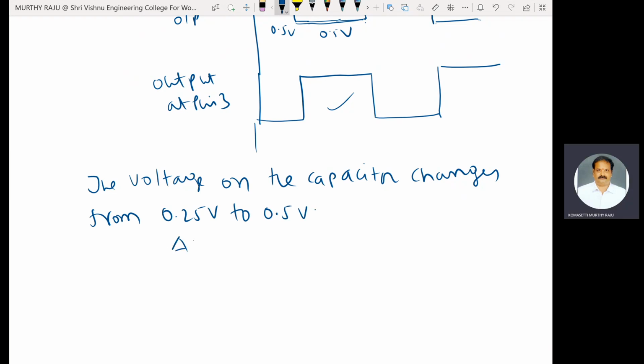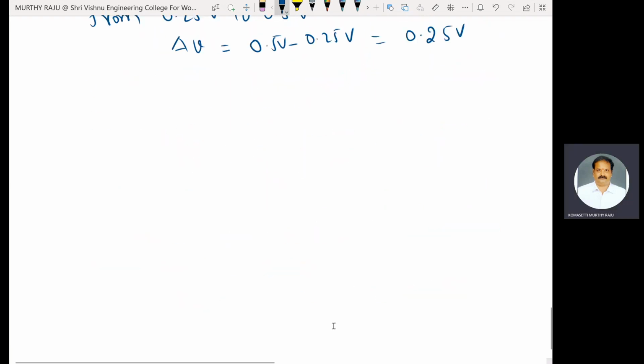Therefore, the change in voltage delta V is equal to 0.5 volts minus 0.25, that is equal to 0.25 volts.